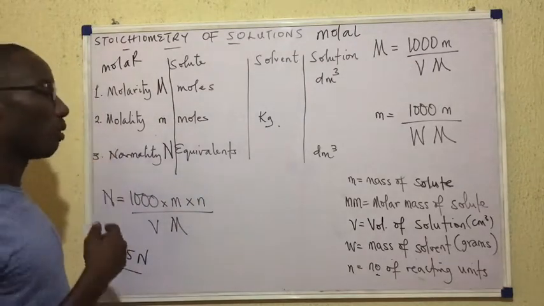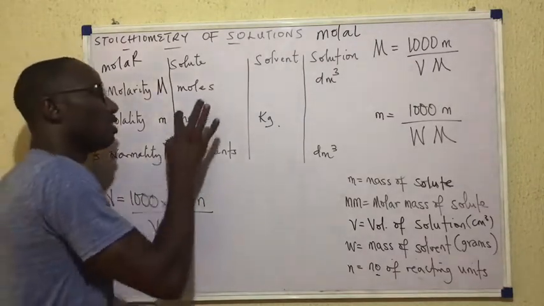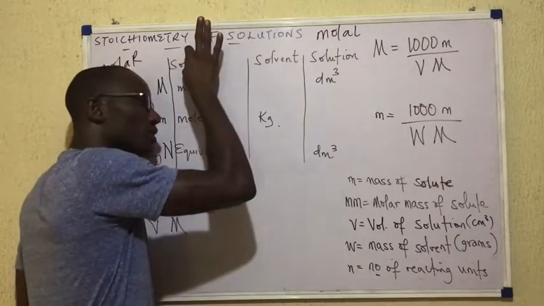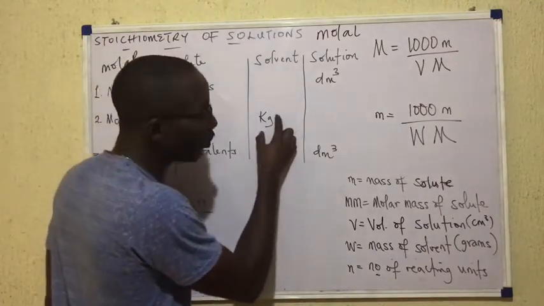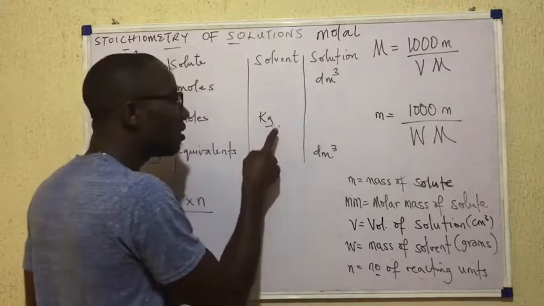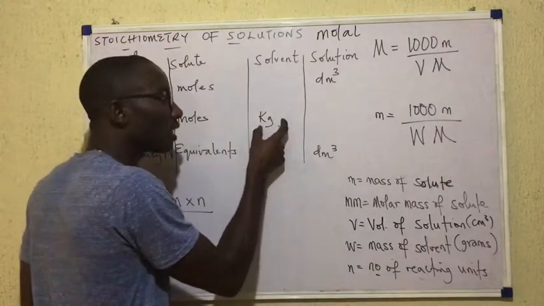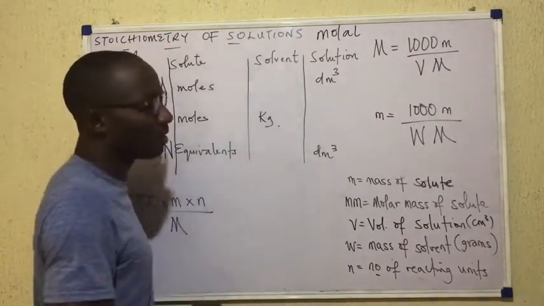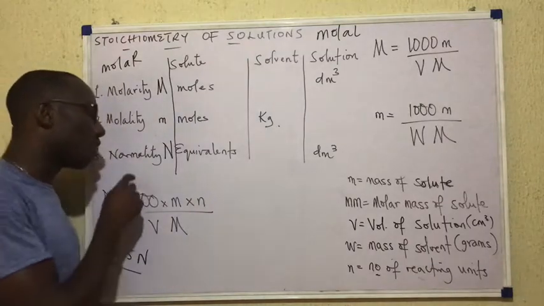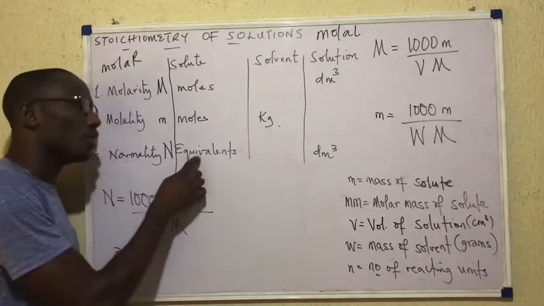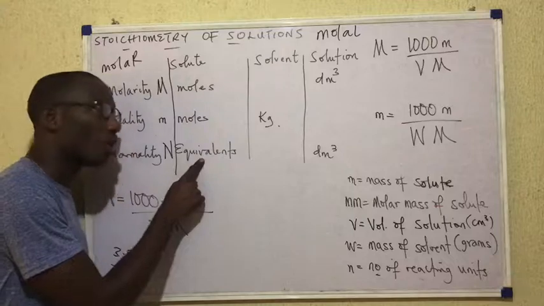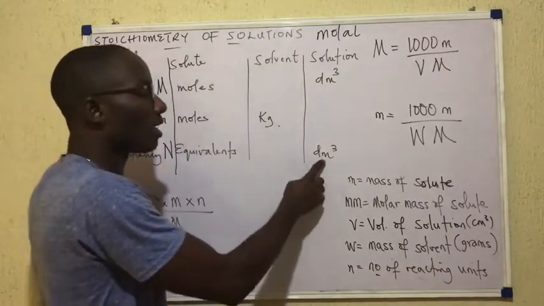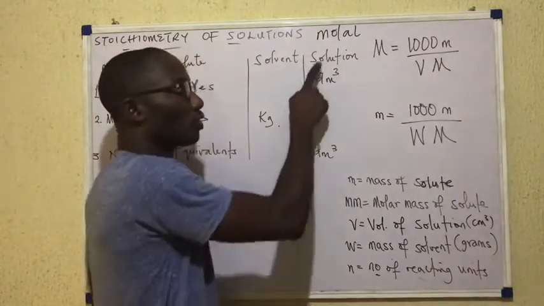But when we're talking about molality, it is the number of moles of solute in 1 kilogram, not 1 liter, and this time not of solution but 1 kilogram of solvent. That's molality. Then finally, normality is the number of equivalents of solute present in 1 dm cube of solution.